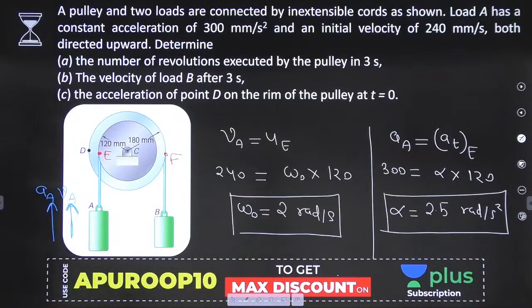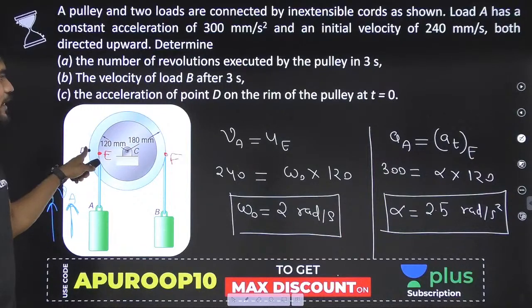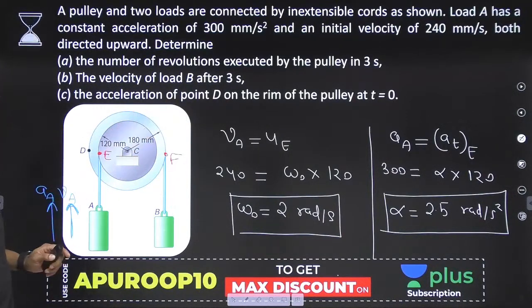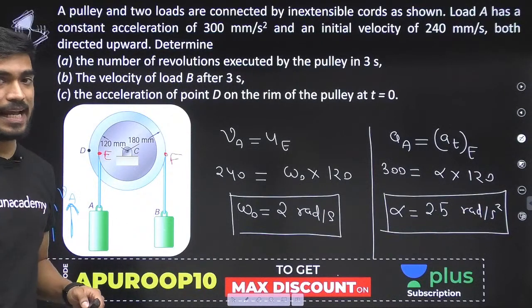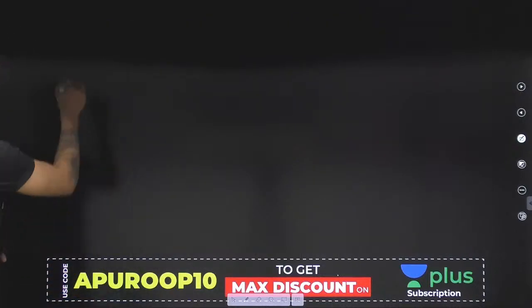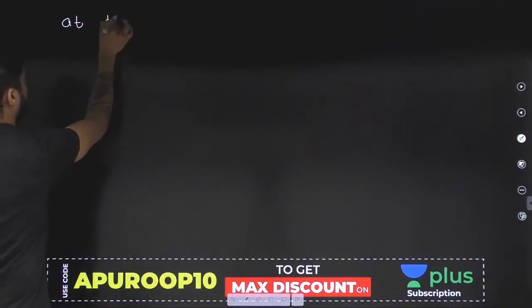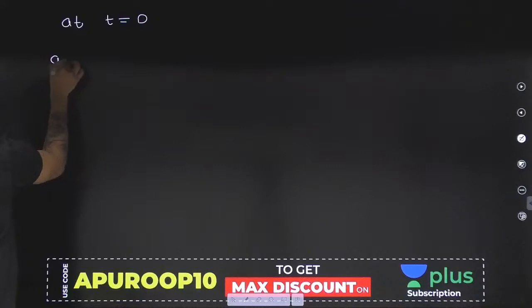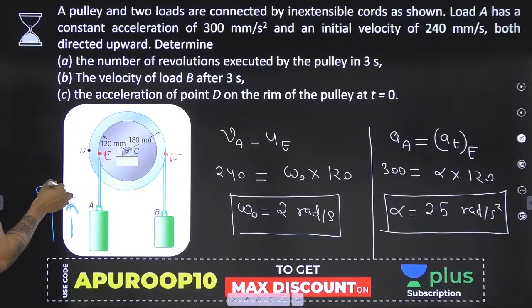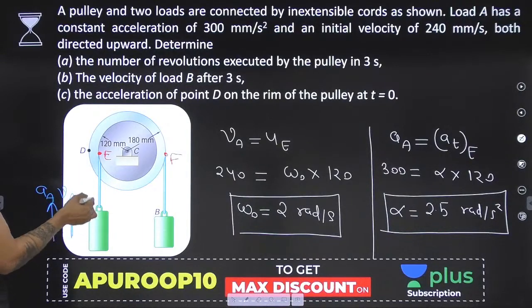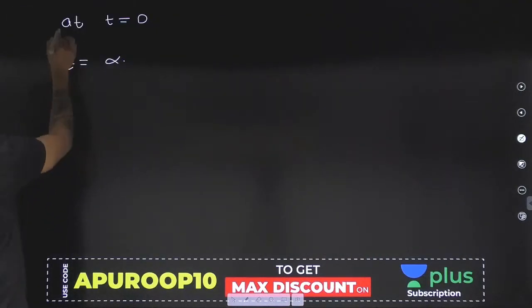Okay, then acceleration of point D at t equal to 0. Now in order to calculate acceleration, we need AT and AN both. ठीक है? So at t equal to 0, what will be AT?